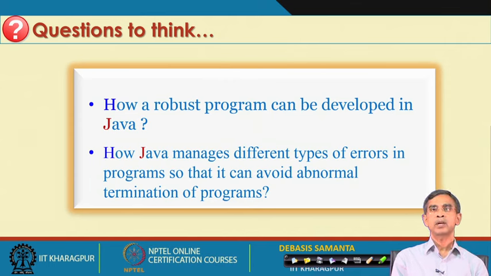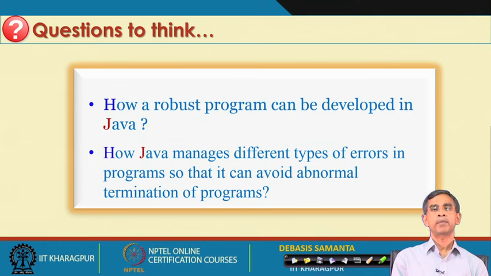Now, our next topic is a very important topic, which addresses the questions I have mentioned here. It is a big question how a Java programmer, a software programmer, can develop a program which is very robust, that means a fault tolerant program.